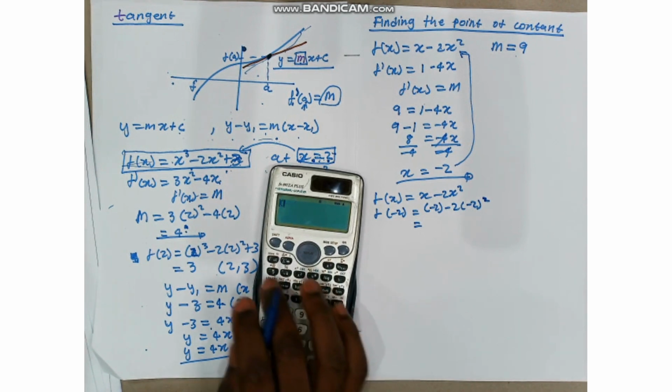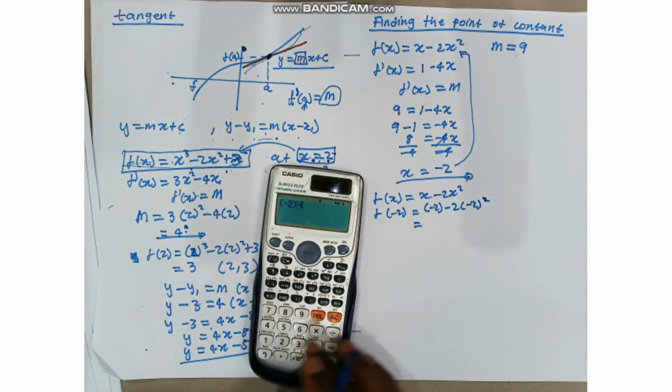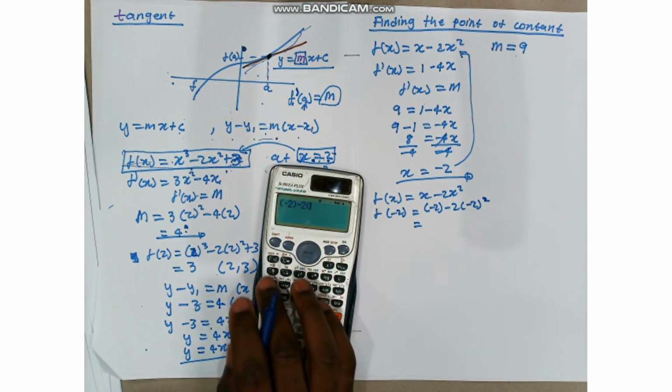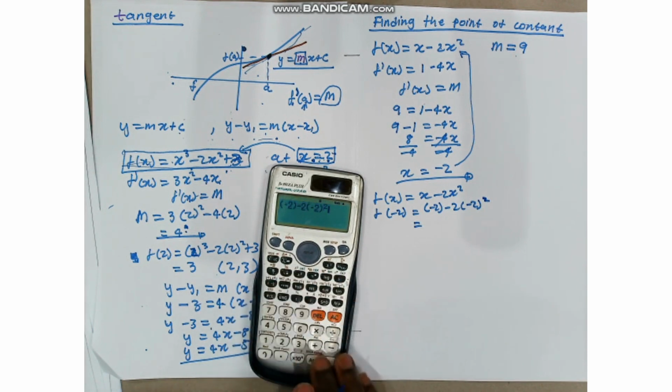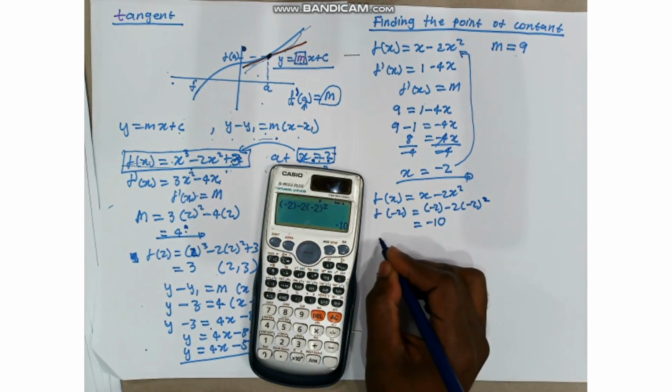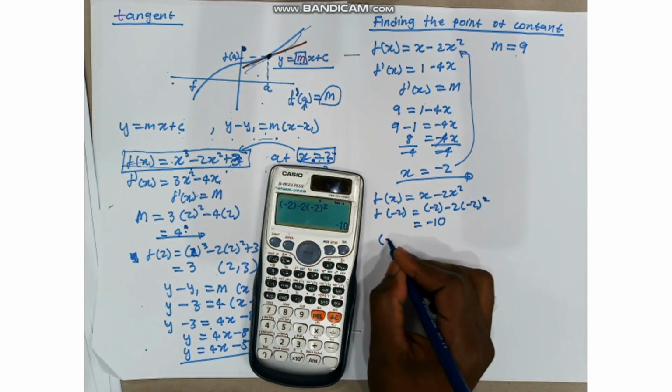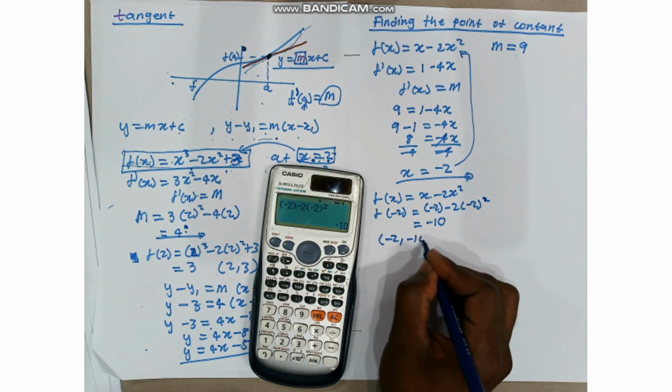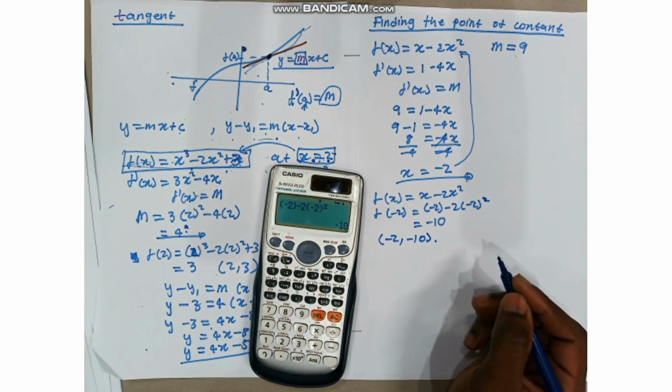It's negative 2 minus 2 into negative 2 all squared. It's negative 10. So this is our point, the point of contact that they say we must calculate.